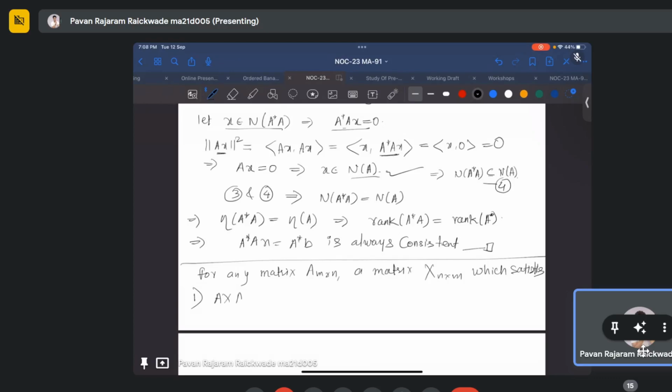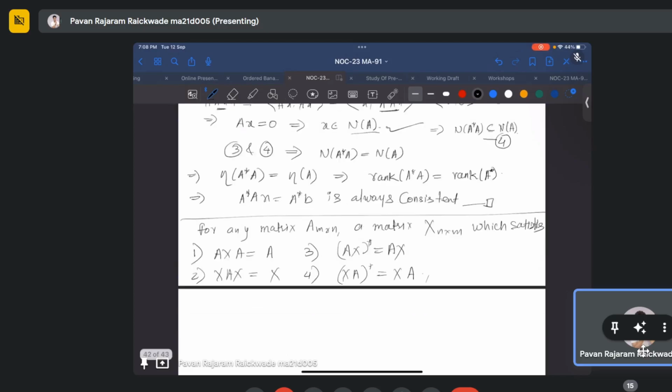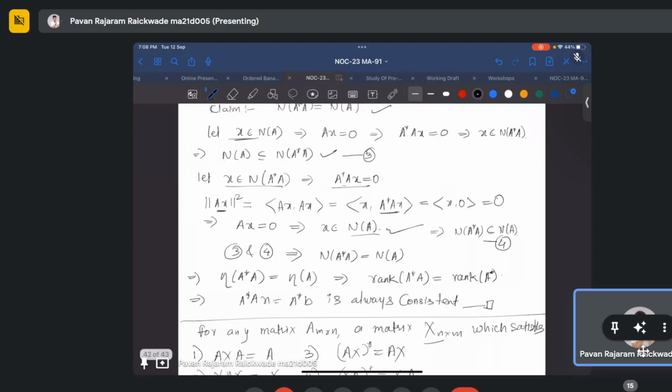Number one, AXA should be A. XAX should be X. AX star should be AX. And XA star should be XA. So if a matrix X satisfies these four equations, then X is called the Moore-Penrose inverse. The same thing. This is an algebraic definition. That one was an analytic definition. X is called the Moore-Penrose inverse of A.